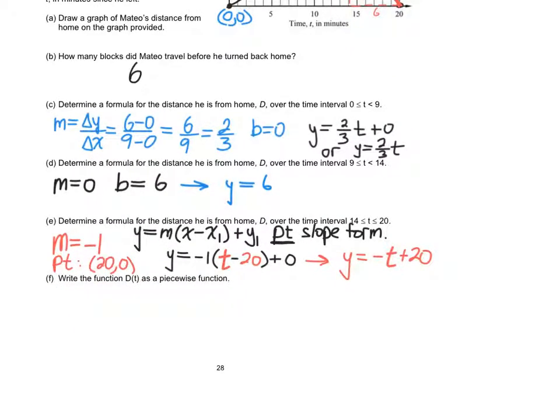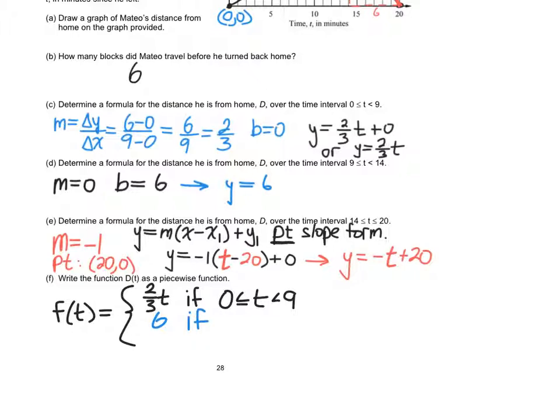Right? So I have f of x, sorry, in this case it'd be f of t, function of t, would be equal to, the first piece was 2/3 t, but that only happened if t was between 0 and 9. That was given. The second piece was y is equal to 6.